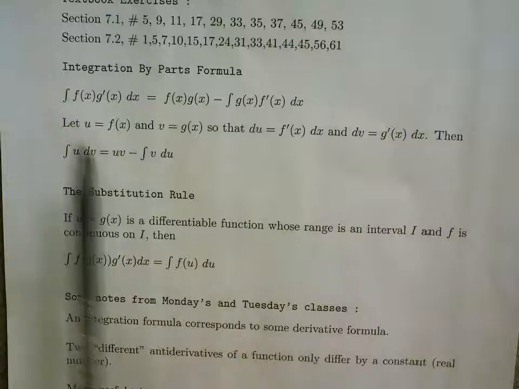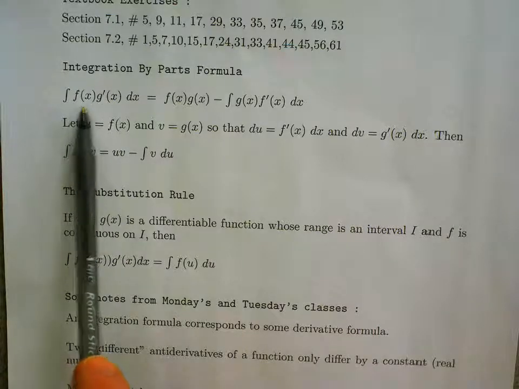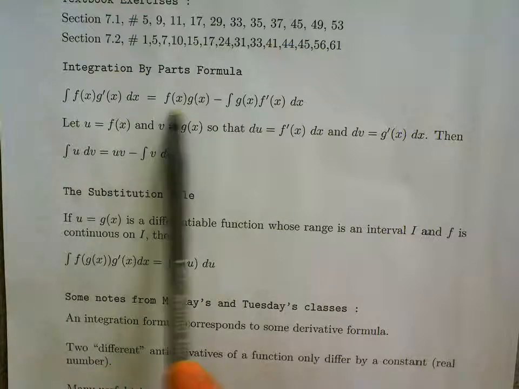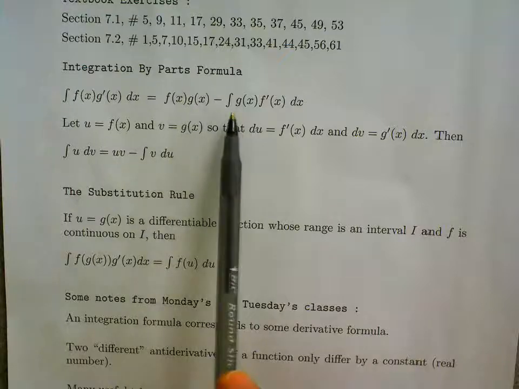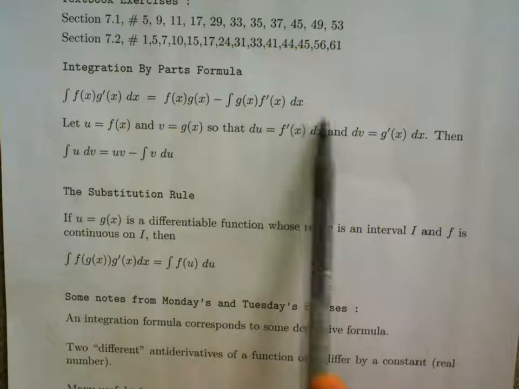If you have an indefinite integral of f of x times g prime of x dx, then that's equal to f of x times g of x minus the indefinite integral of g of x times f prime of x dx.